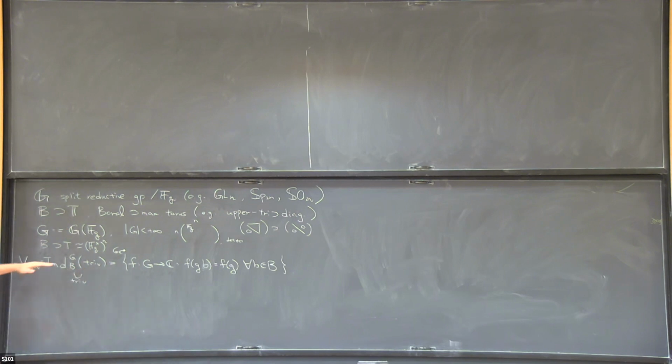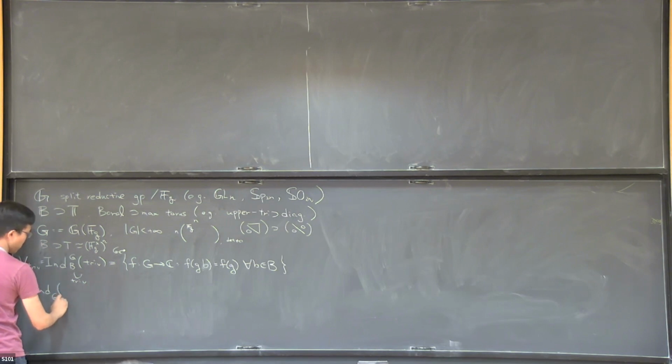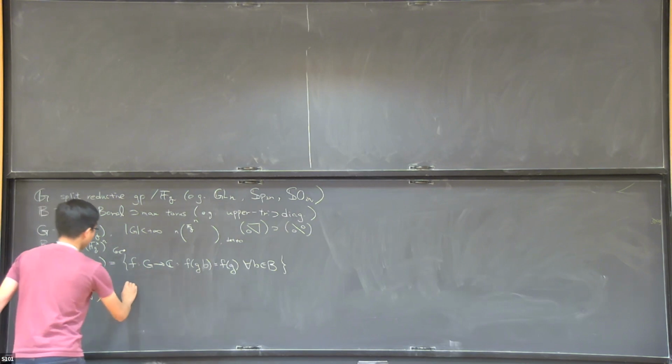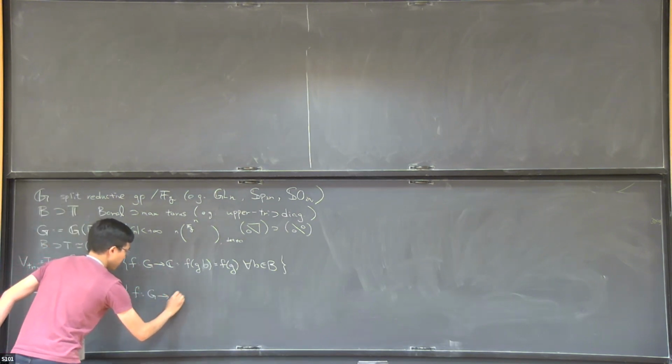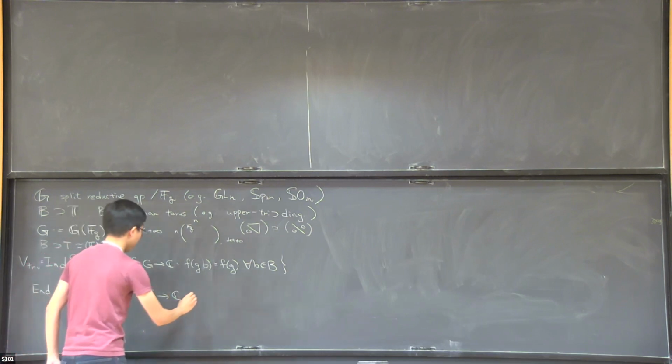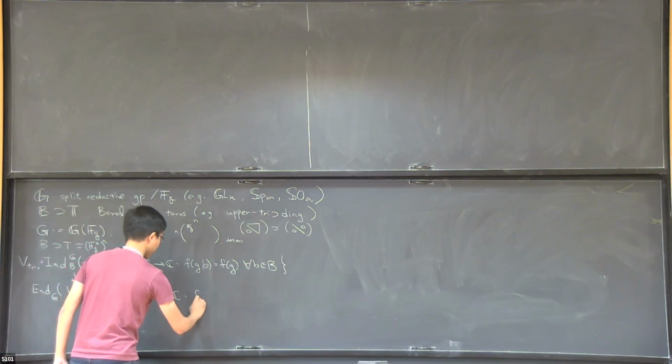In order to study the full decomposition of this induced representation, we only need to study the endomorphism ring of this induced representation. Using this model, you can write down explicitly what this endomorphism ring looks like.